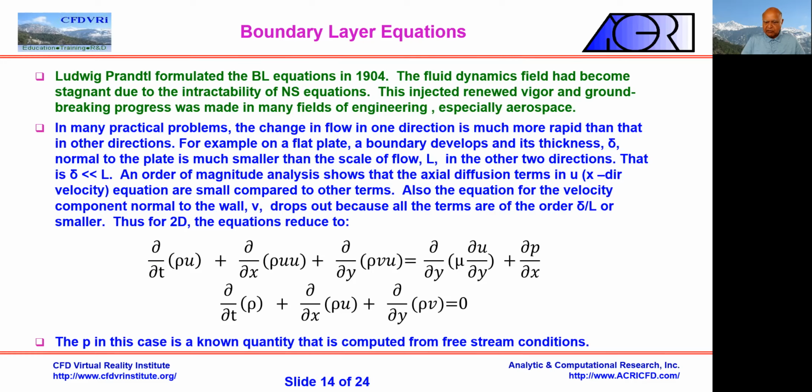It's imposed on the boundary. So if we know something about the outside flow at the free stream end, that will give us a condition for the pressure. Okay. So with this, the equation is complete, the pressure is known, and the equations can be solved for U and V.